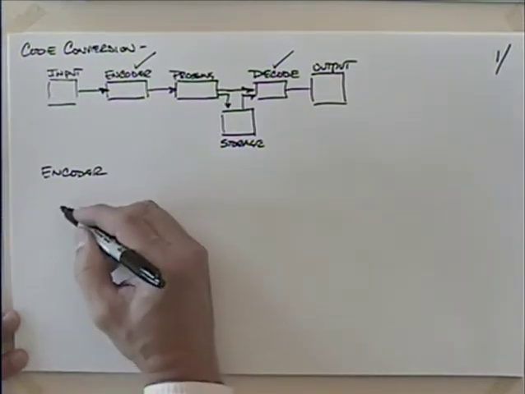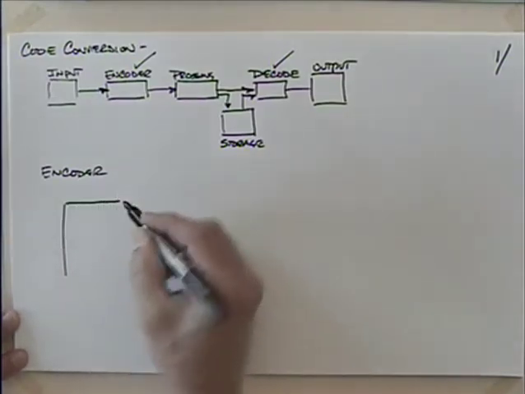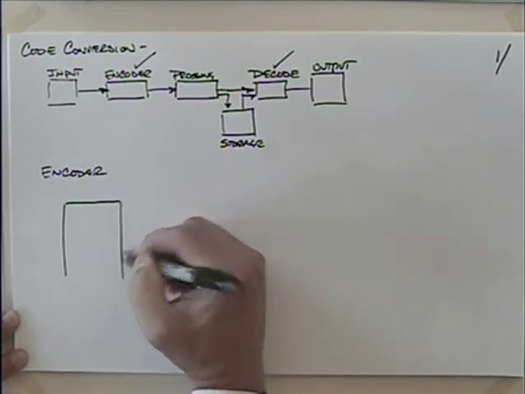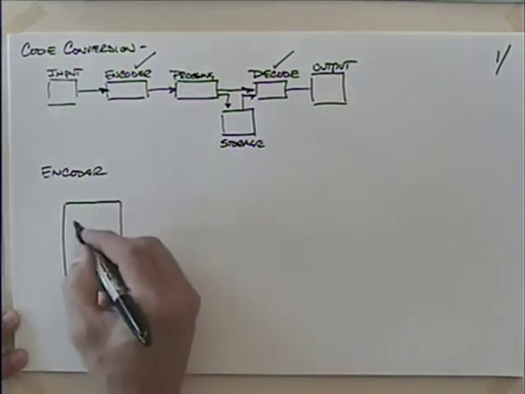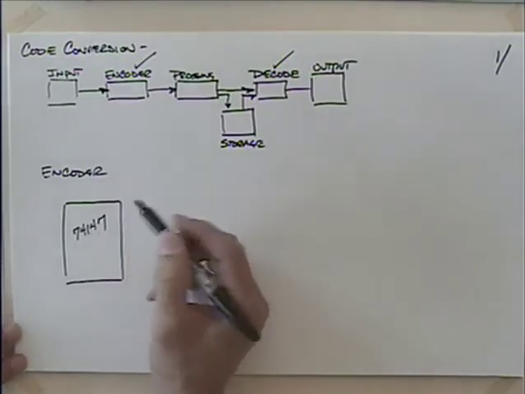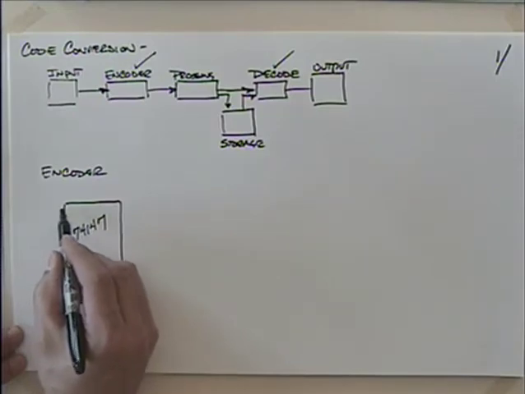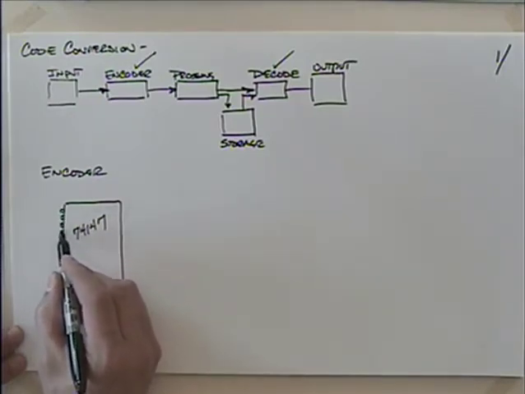With an encoder, a fairly common encoder would be like a 74147. I think your text talks about that, and it has 0 through 9 inputs.